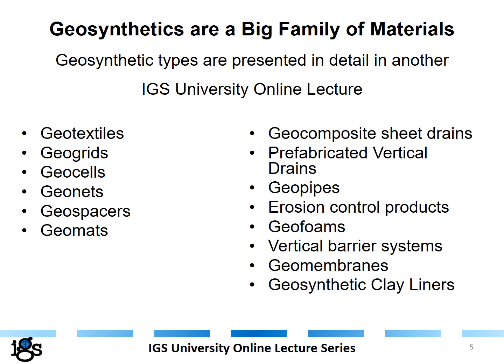They can be listed as geotextiles, geogrids, geocells, geonets, geospacers, geomats, geocomposite sheet drains, prefabricated vertical drains, geopipes, erosion control products, geofoams, vertical barrier systems, and last but not least, two very important geosynthetic products, namely geomembranes and geosynthetic clay liners.